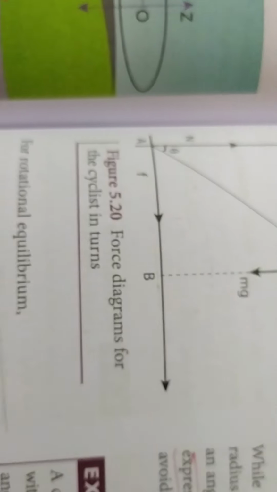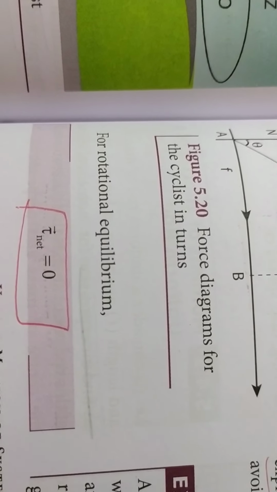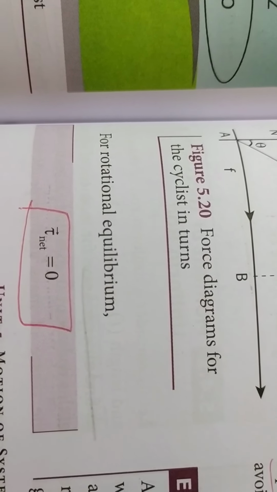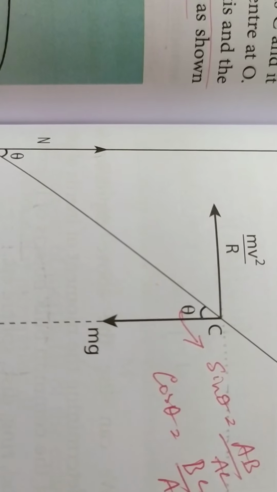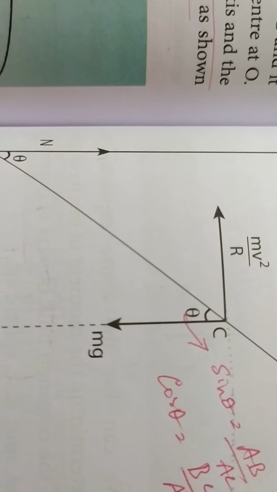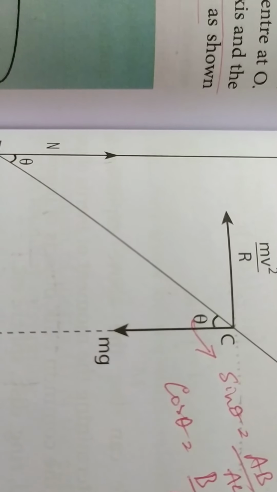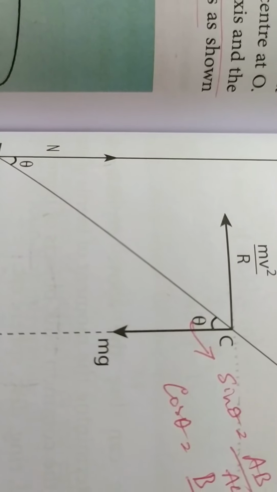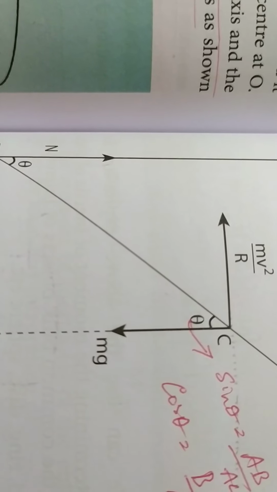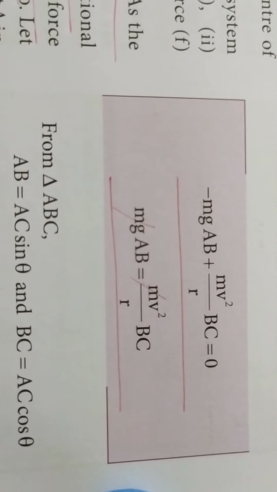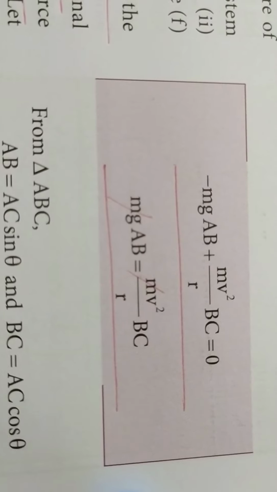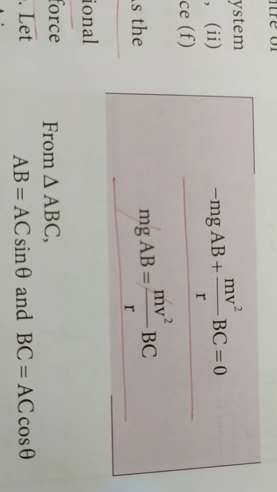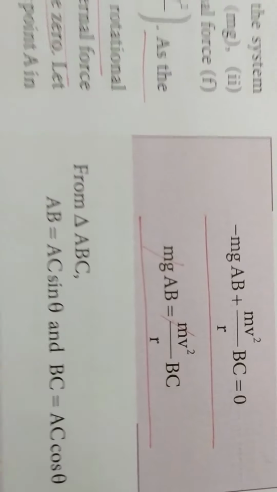When the body is in rotational equilibrium, the net torque must be equal to 0. Here the force mv square by r acts in the anti-clockwise direction, whereas the force mg is in the clockwise direction. Usually clockwise turns are taken to be negative and anti-clockwise turns are taken to be positive. So the equation now becomes minus mg into AB, because torque is nothing but force into perpendicular distance.